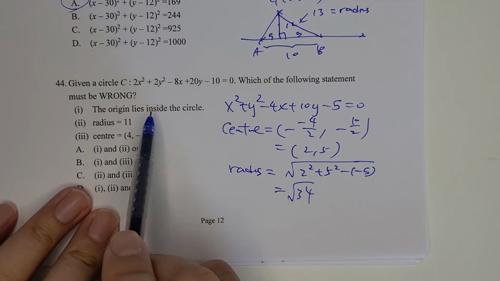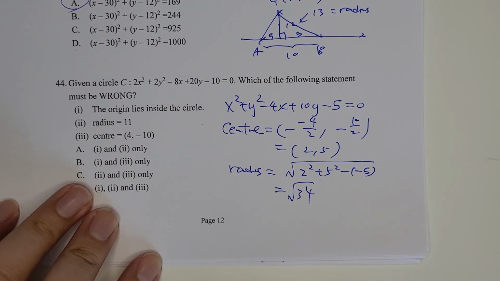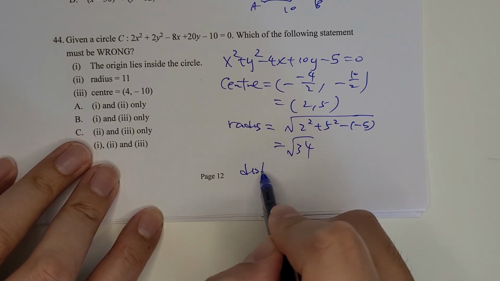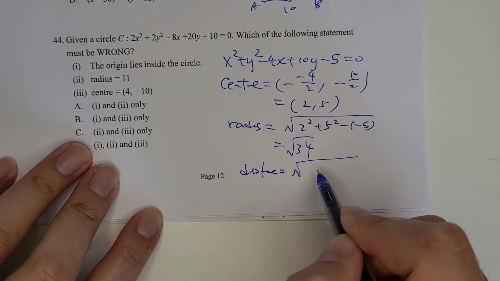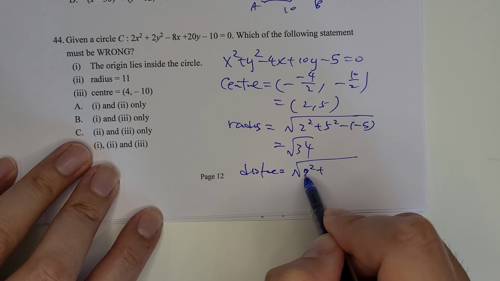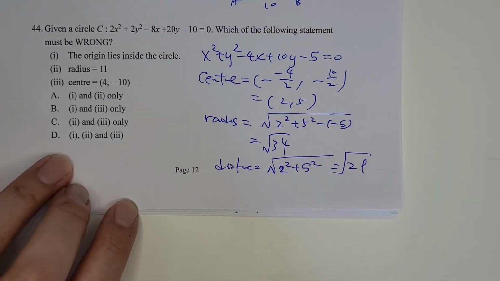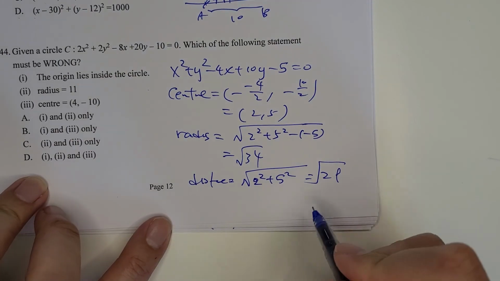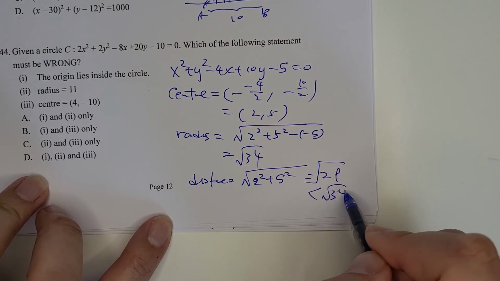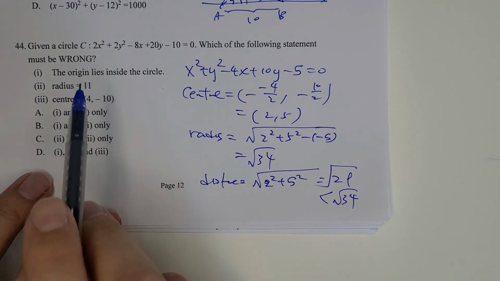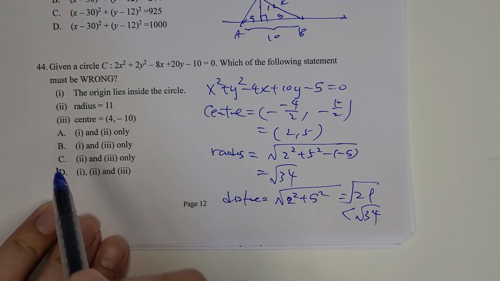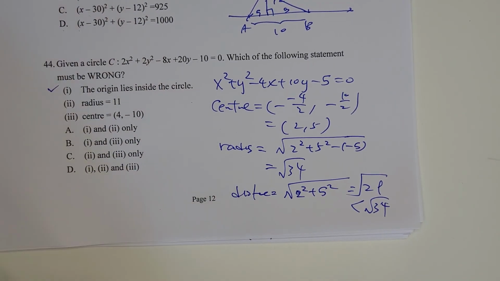And the distance between the origin to the center, that is the square root of 2 squared plus 5 squared, that is square root 29. Square root of 29 is less than the radius, so origin lies inside the circle is correct. Statement 1 is correct.